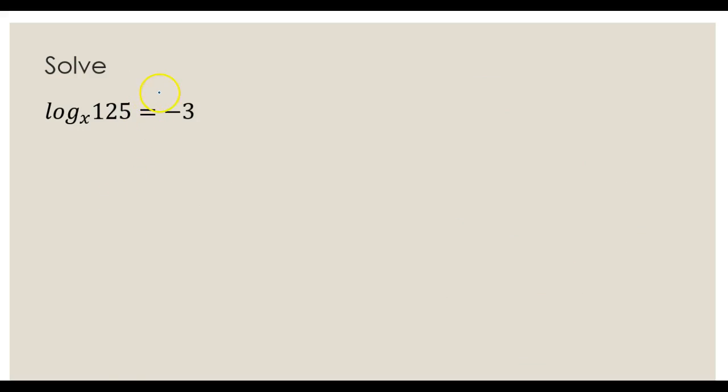Okay, so now we have another log type problem. This is a solving problem. Let's see, what's the best way to go about doing this? Oh, I know. We can use that rule that we just talked about. The log base b of x equals y can be written as, and I may be mixing up my x's and y's, and that's okay.